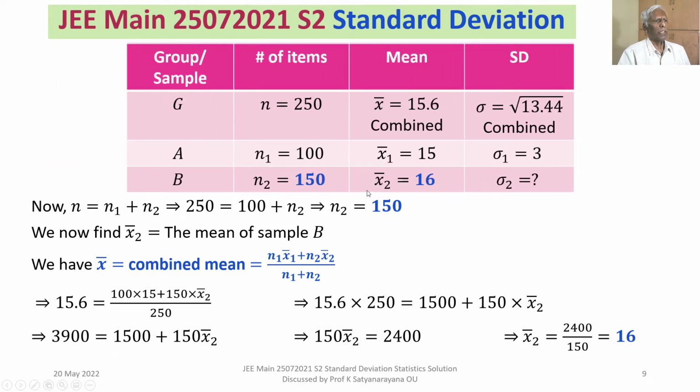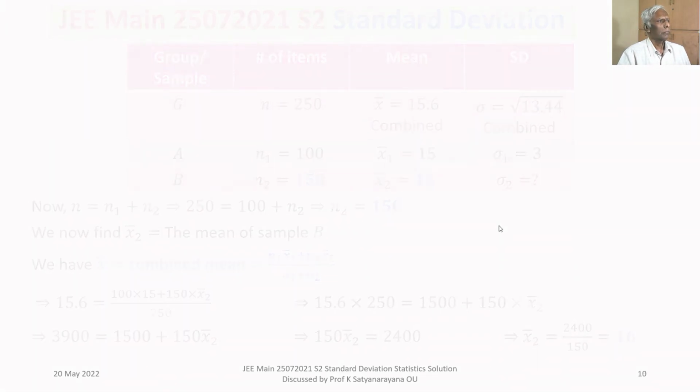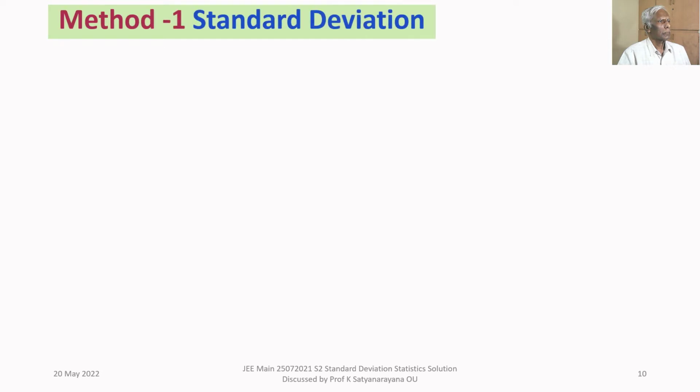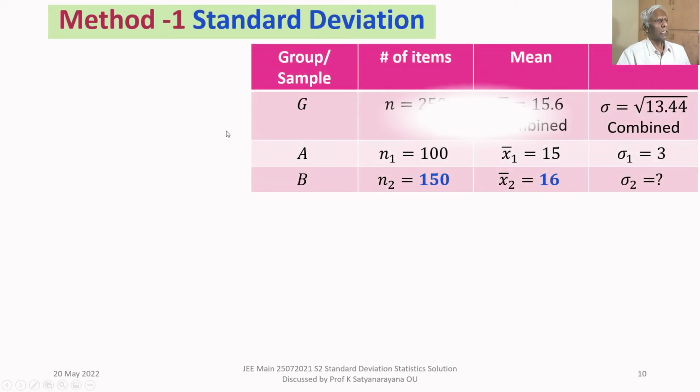So n2 is filled, x2 bar is filled, and sigma 2 is to be found. And the combined sigma is known, sigma 1 is known, and we can use that formula. Let's see. And that's our table.